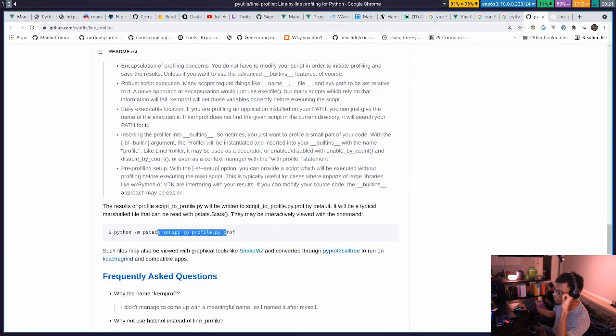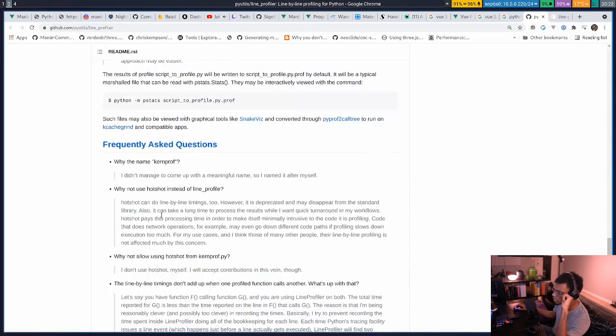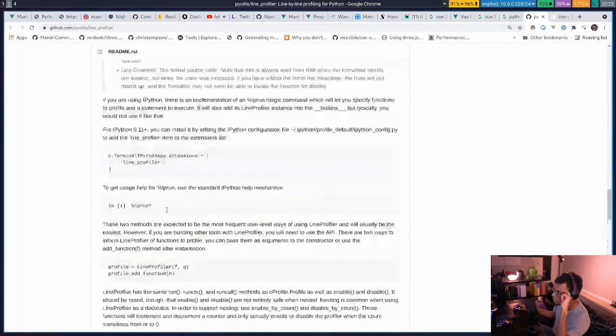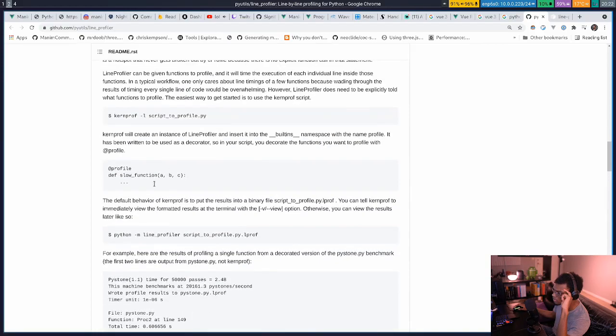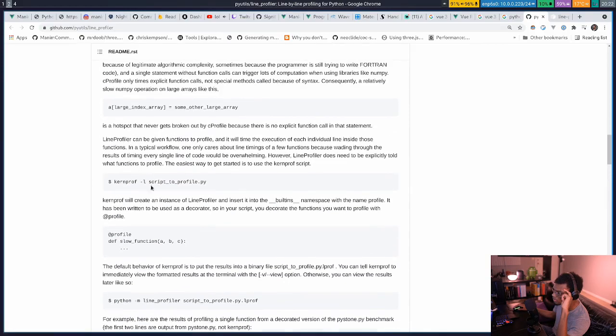pstats: script_to_profile.py.prof. The results of the profile script will be written to script_to_profile.py.prof by default. It will be a typical marshaled file that can be read with pstats.Stats. This may be interactively viewed with the command this. But that's not what you'd care about. You'd care about seeing this. kernprof -l.